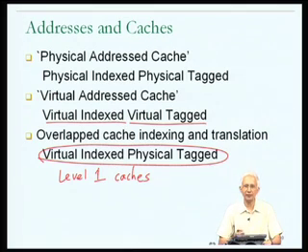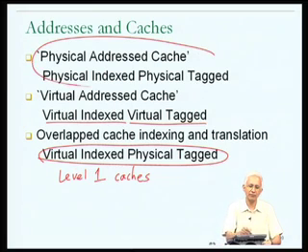And this is done to offset the growing speed disparity between processors and memories. So in today's processors, the level 1 caches actually use virtual indexing and physical tagging.